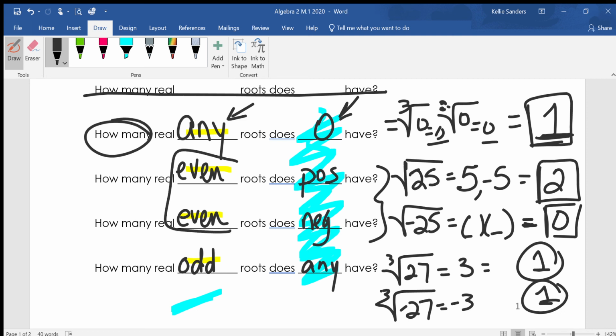If this number is even, it does matter. If we're taking the root of a positive number, then we're going to get 2 answers. If we're going to take the even root of a negative number, we're not going to get any answers. And if we're going to take an odd root of any number, we're just going to get 1 answer. Okay?